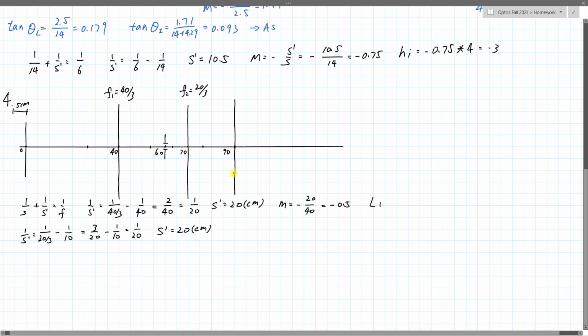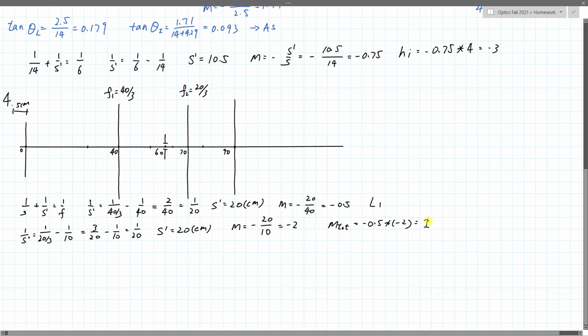So that's our image plane, and the magnification in this stage is negative 20 over the object distance 10, so that's negative 2, and then m total is equal to m1 times m2, basically, so negative 0.5 times negative 2, which is equal to 1.